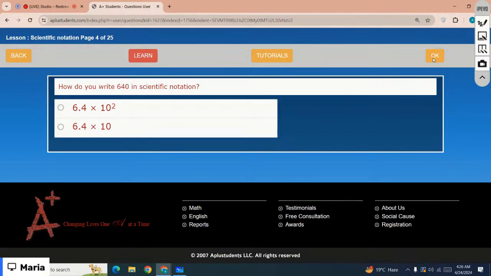How do you write 840 in scientific notation? So, which is the correct option? You have to now write from the standard form to scientific notation, right?